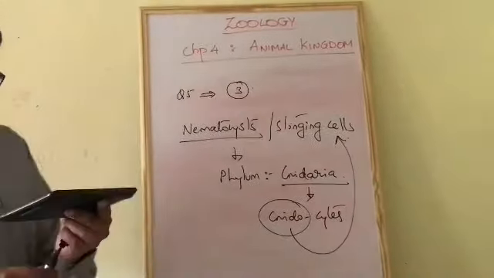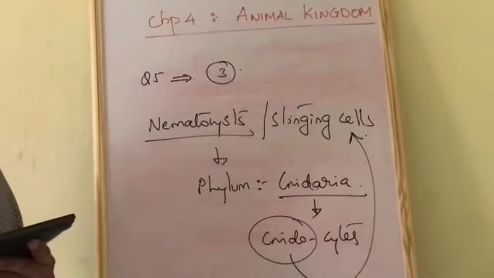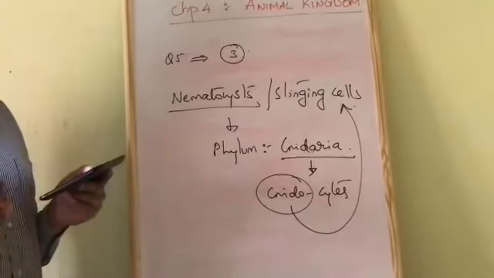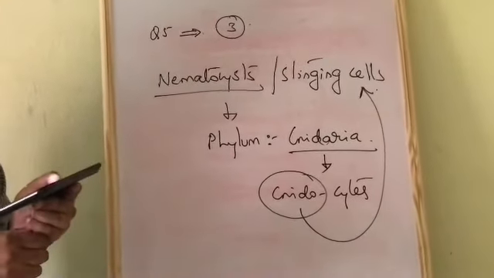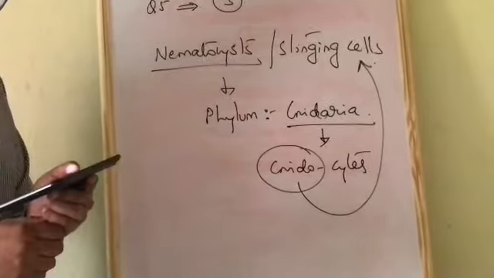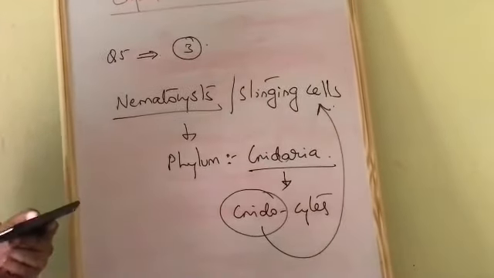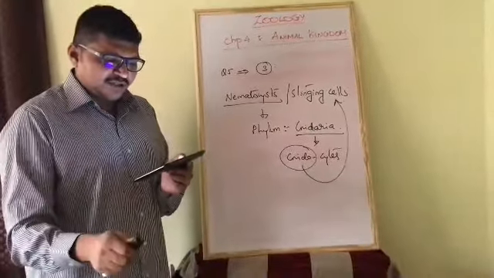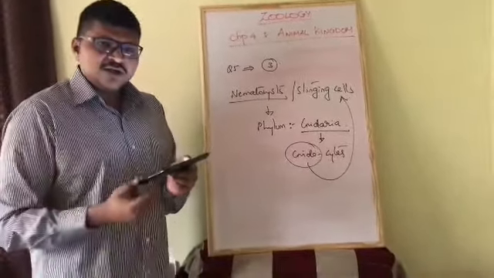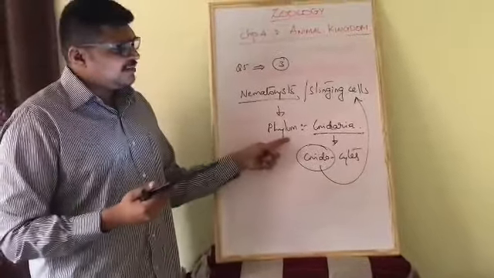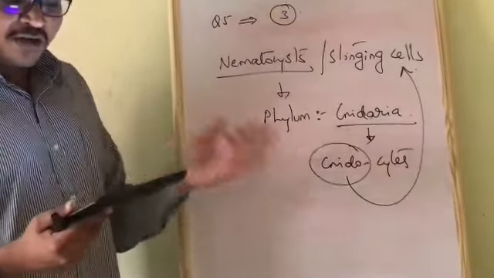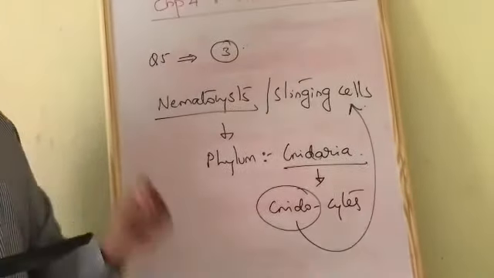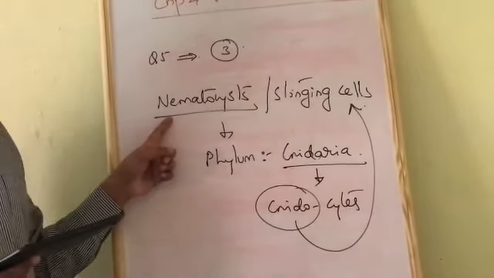So these nematocysts will take part in what type of thing in the phylum Cnidaria. Options given to you are, first option locomotion, second option offense and defense, option number 3 food capture, option number 4 all of the above. Now if you see all 3 options, locomotion, yes, nematocysts participate in locomotion.